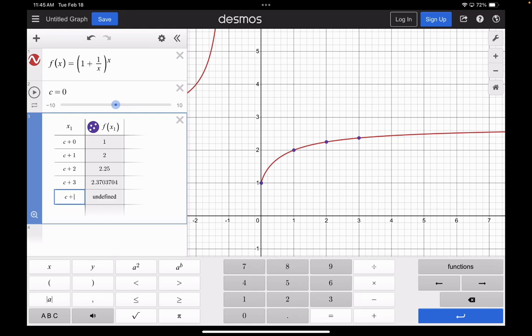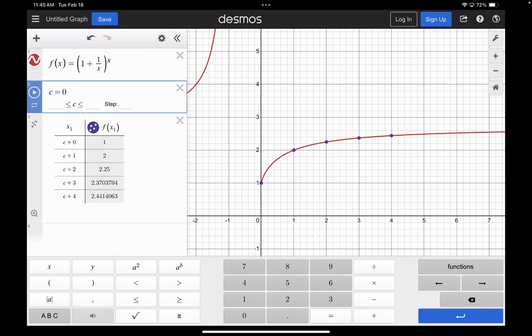And you can see that as I graph this, as c gets larger, c starts at 0, then 1, then 2, then 3, then 4, then 5. Let me go from c is 0 to 10 here.